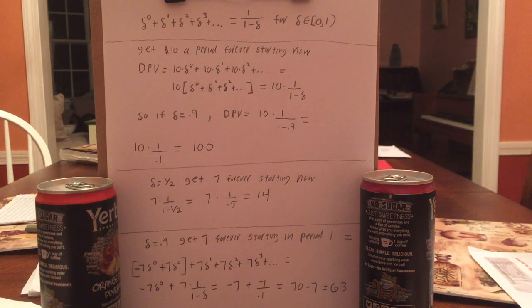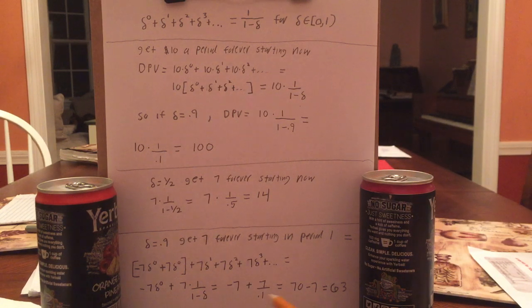Well, I'm losing the $7 right now. But what's the value of getting $7 right now? What's the discounted present value of getting $7 right now? It's got to be $7. The discounted present value is always asking, what is the value today of that promise in the future? Well, the value of getting $7 today is $7 today. The discounted present value of money today is just money today.